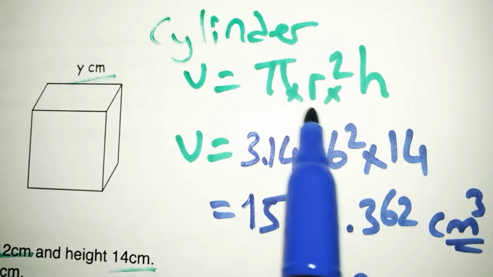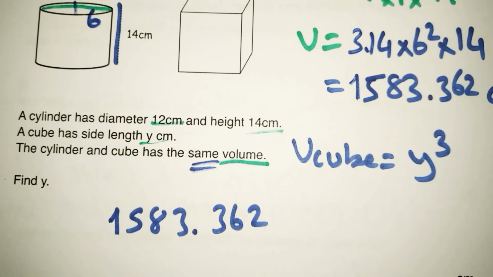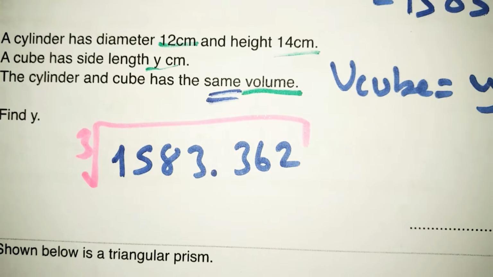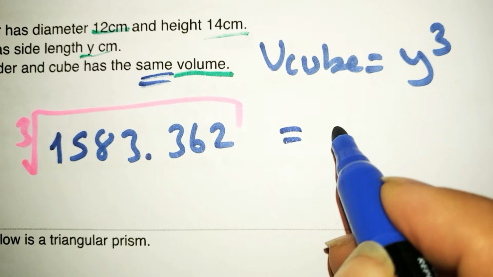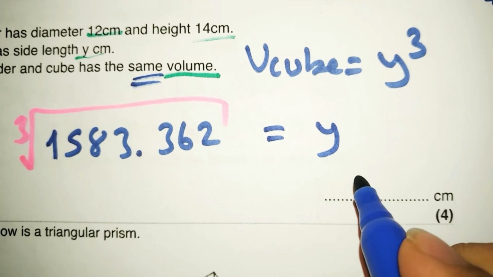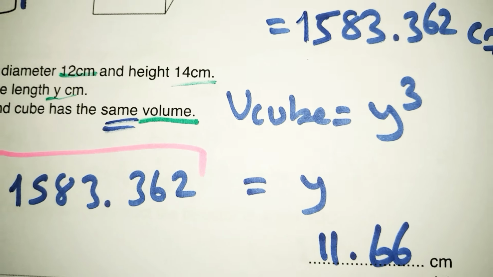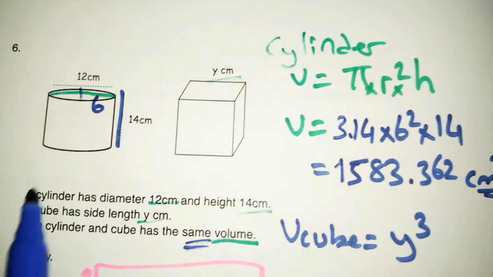Once you put this in your calculator, please cube root it. As I show you here, cube root it. You will get y straight away. So y will be 11.66 centimeter.